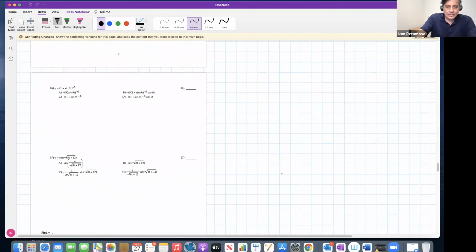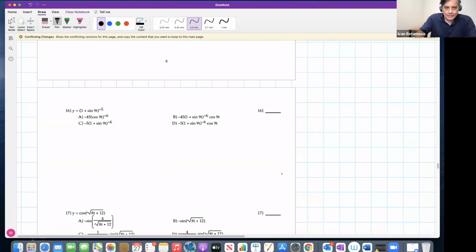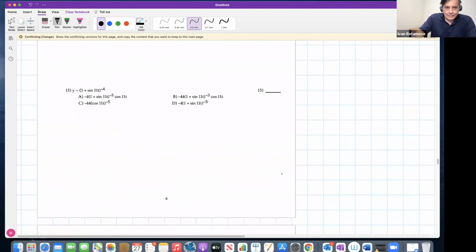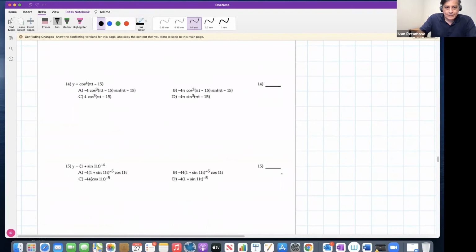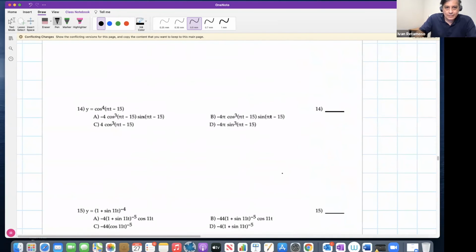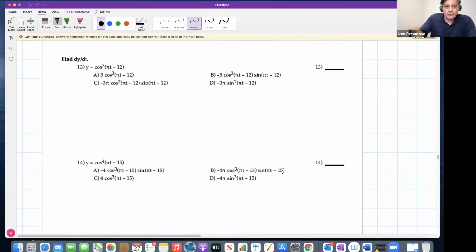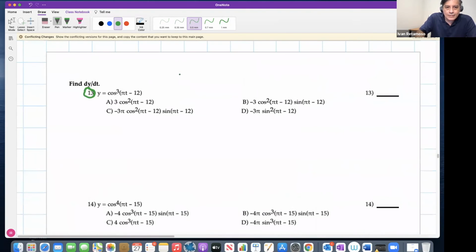So let's look at this problem here. Try to do number 13 and 14. Let's start with 13, okay? Can you try this? I will rewrite it here for you. y equals cosine cube of pi times t minus 12.